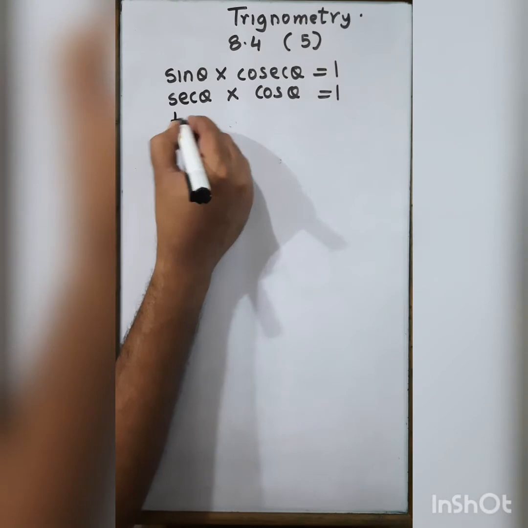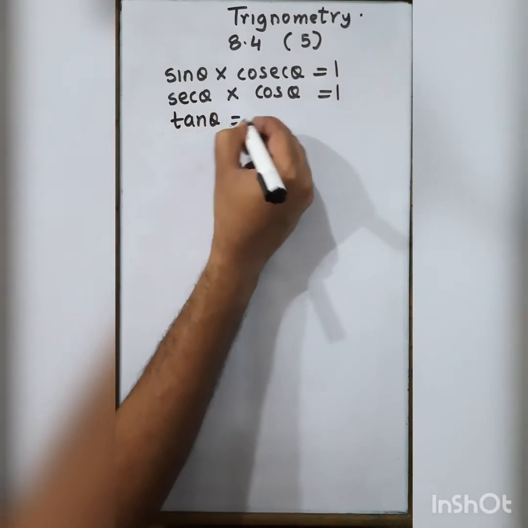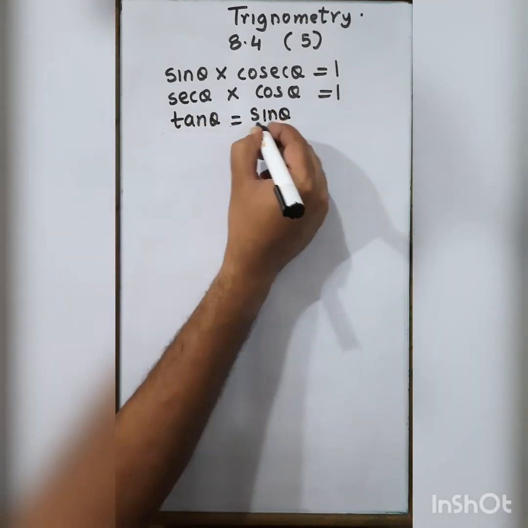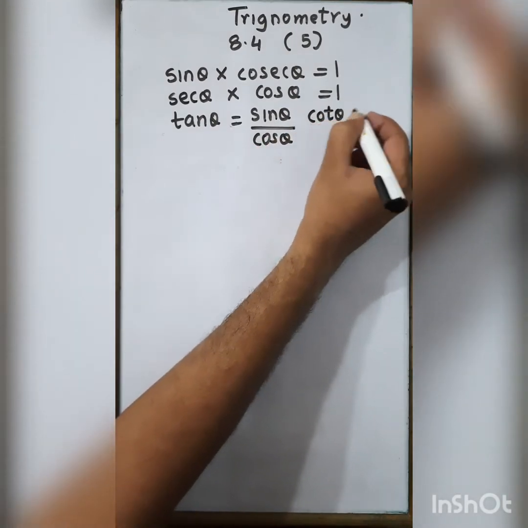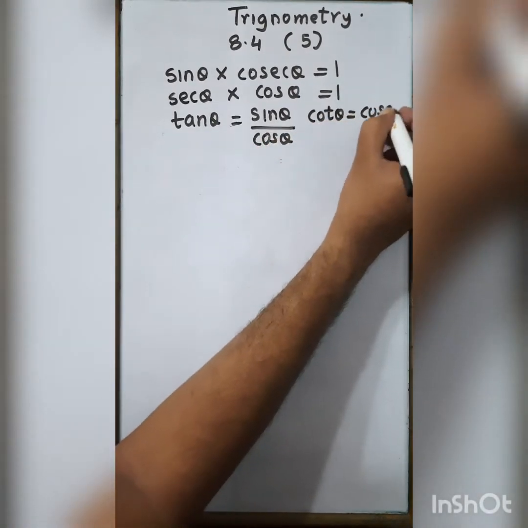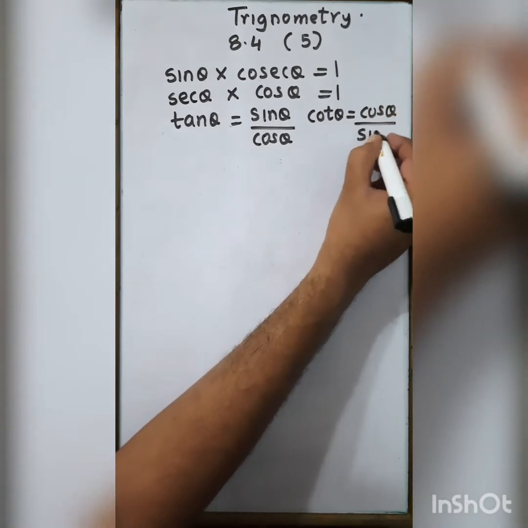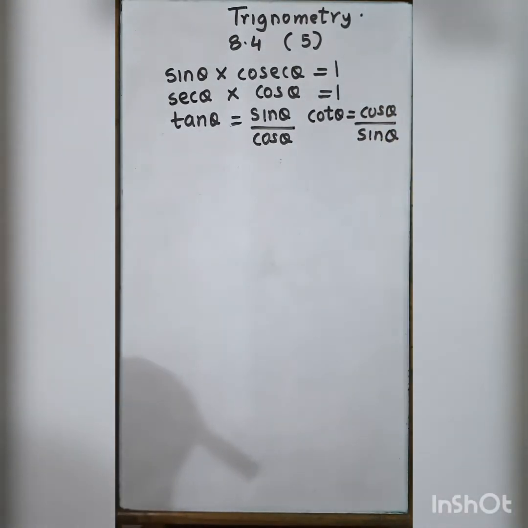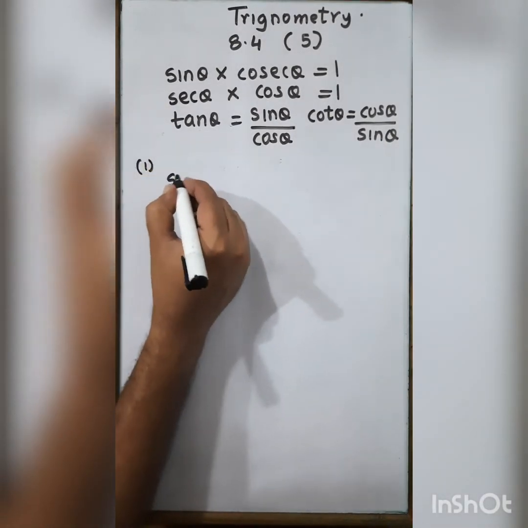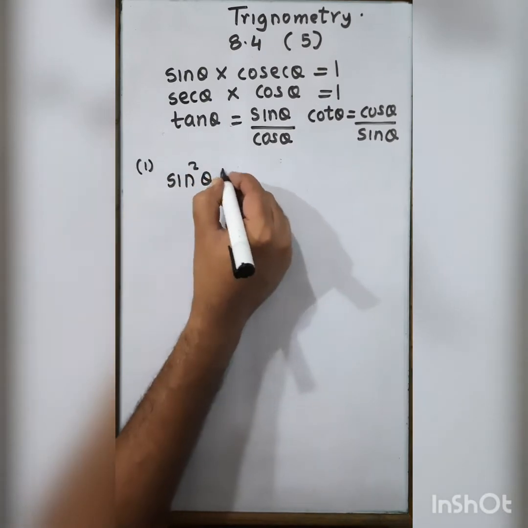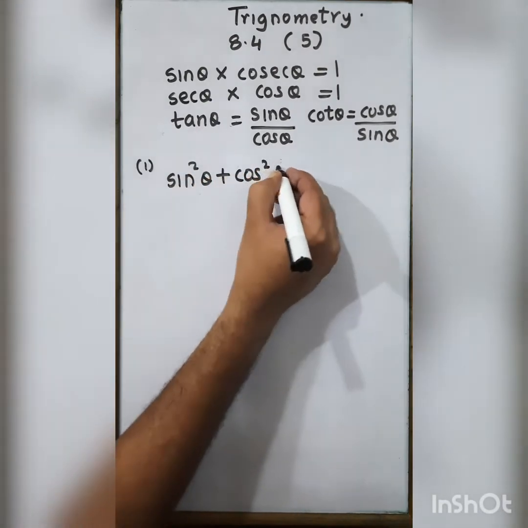Next, tan theta is equal to sin theta upon cos theta and cot theta is equal to cos theta upon sin theta. Then I have told you there are three identities. I call them Brahmastra. One is sin square theta plus cos square theta is equal to 1.